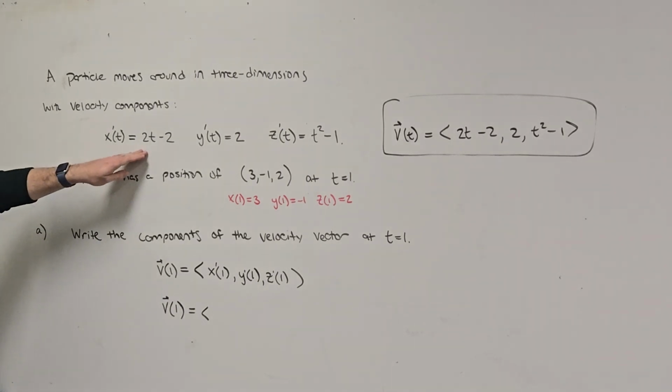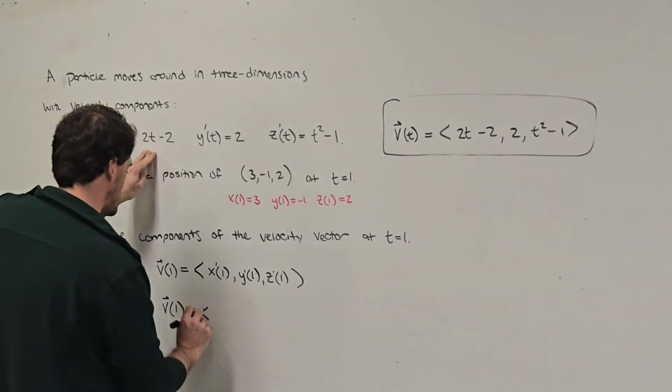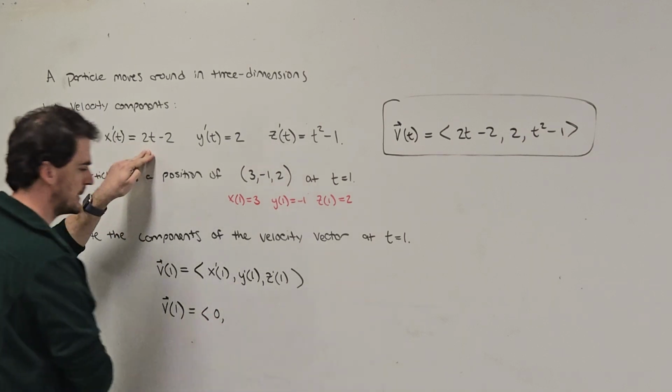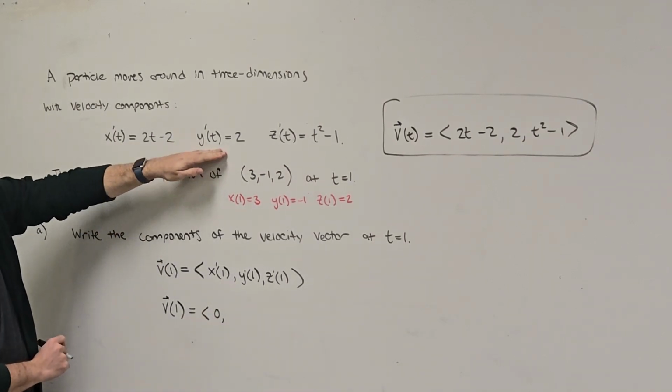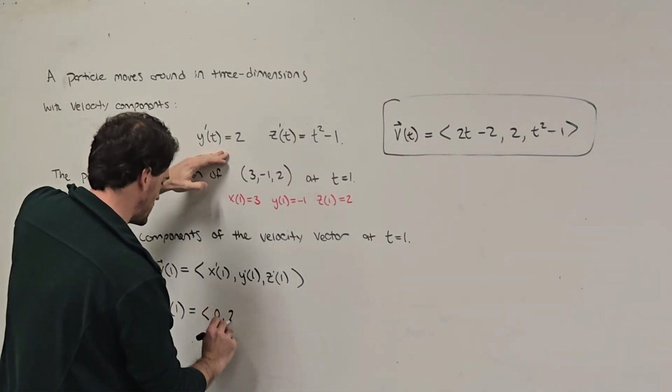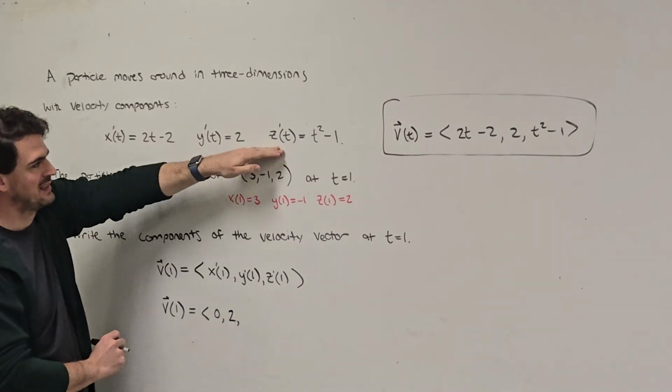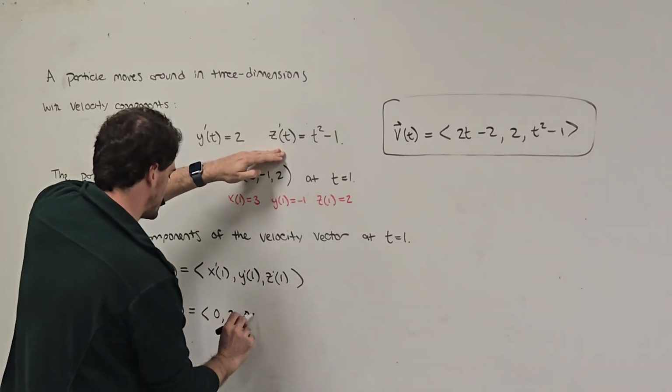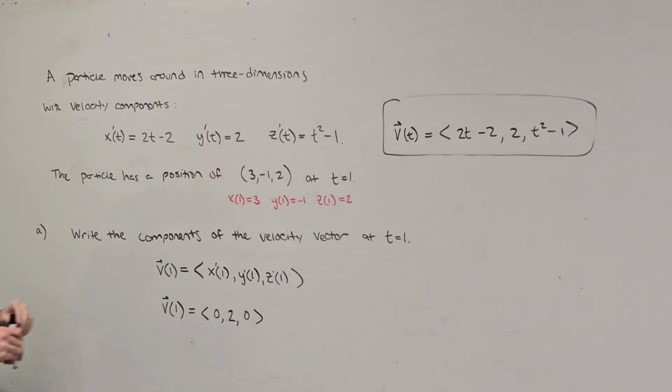So x prime of 1, 2 times 1 is 2, minus 2 is 0. Y prime of 1 is just 2. And z prime of 1 is 1 squared minus 1, which is 0.